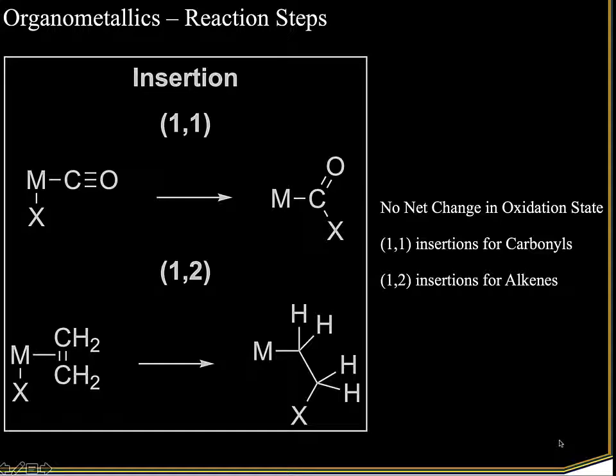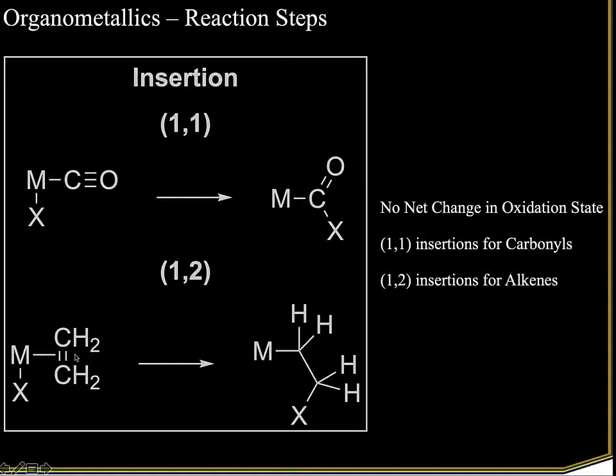And so what happens is this X-type ligand that's initially attached to our metal moves over and forms a new bond to our carbon atom of the carbonyl. And then the carbonyl itself remains bound to our metal. We can see that when that X-type ligand transitions over to the carbon, our carbonyl now becomes an X-type ligand. So again, we don't have any formal change in our oxidation state for an insertion reaction.